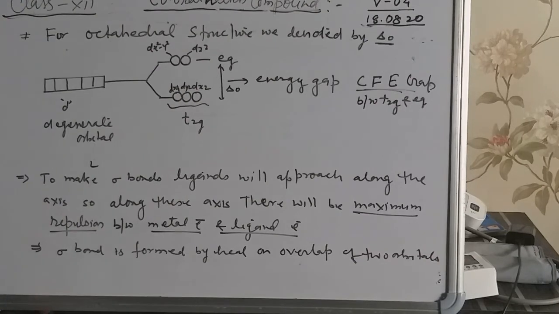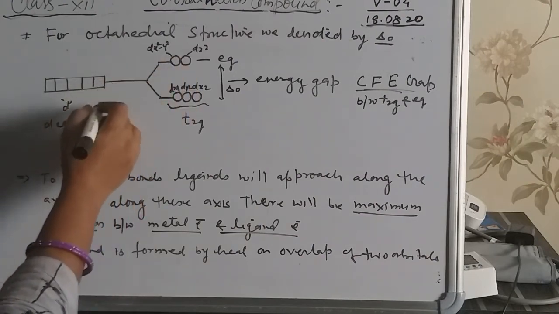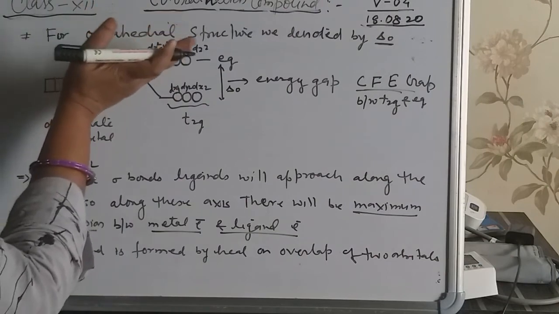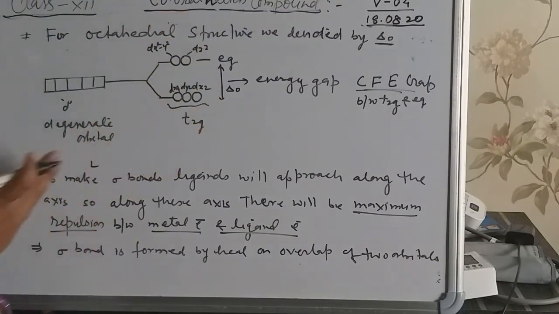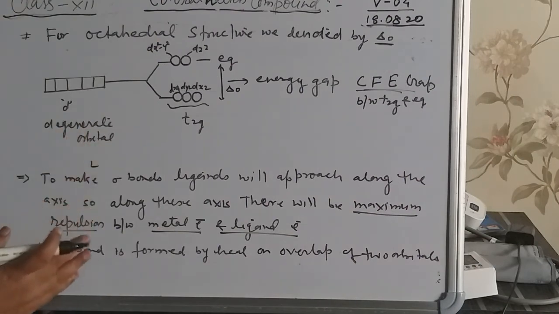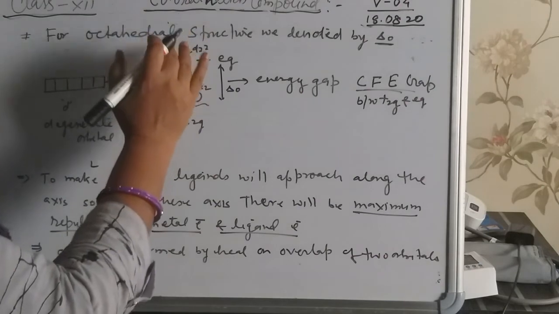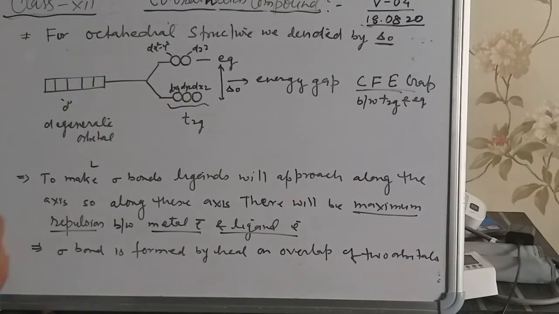So in the octahedral case, when the ligand approaches, splitting of the degenerate orbitals takes place. Two go to the upper side, and 3 come to the lower side. The 2 orbitals which go to the upper side have high energy in comparison to T2g, meaning the 3 orbitals.